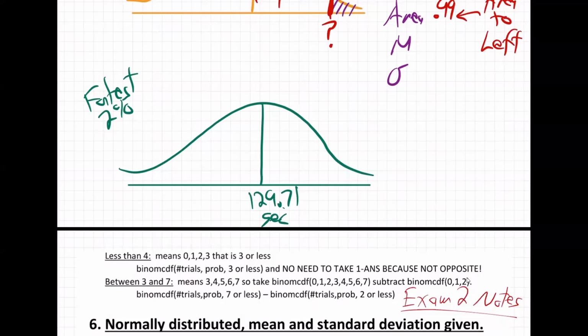Yes. So think about it for a second with me. This is a motorcycle racer, and these are times, right? 129 seconds. That's how long it takes her to do whatever it is, 2.5 laps, I think. So her fastest trips are going to actually be where? Down here, right? Lower times.